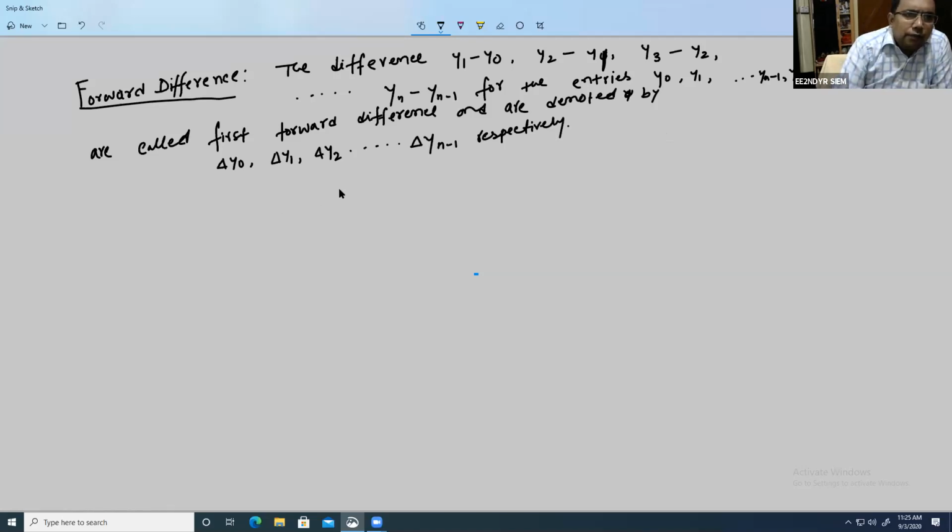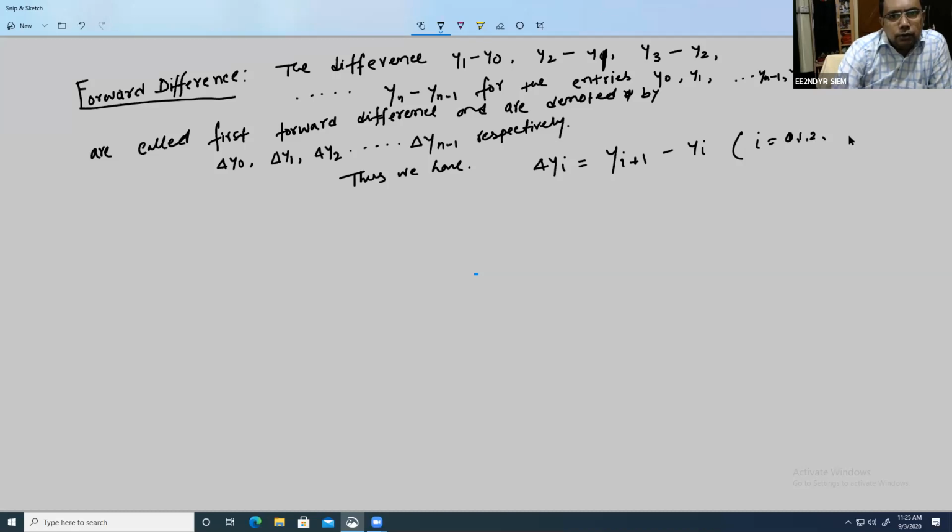So thus we have to make it more general. So thus we have del yi equal to y(i plus 1) minus yi, where i equal to 0, 1, 2, 3, up to n minus 1.